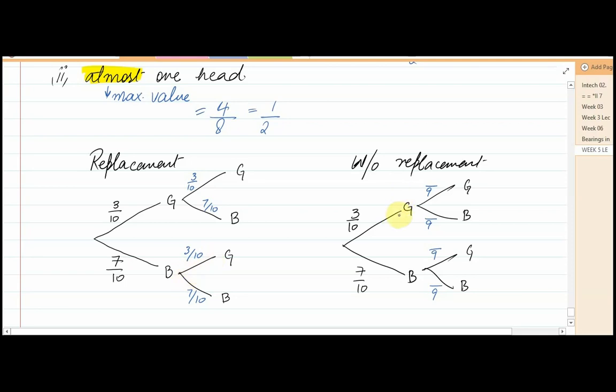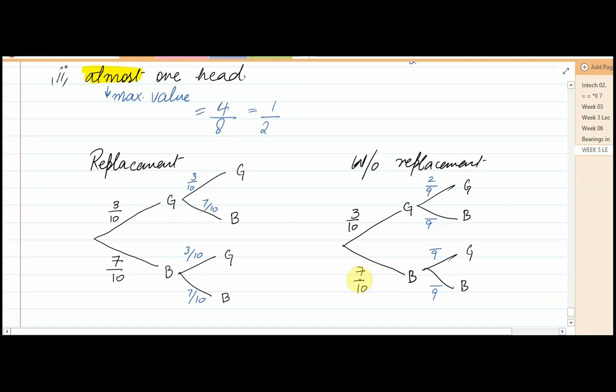That is why there is no effect on the probability in replacement. Now you pick a chocolate, you eat it, and now you are going to pick another chocolate. Let's suppose I pick a green chocolate first and I eat it. Do you think that if I pick the green chocolate again the possibility is the same? Obviously no. First it was 3, now it is 2, right? But the effect of the green chocolate won't affect the blue one.